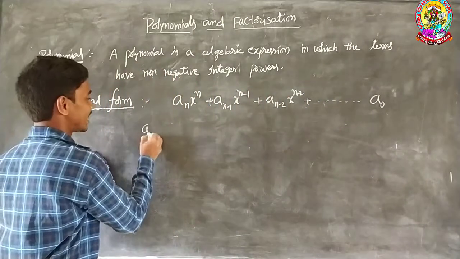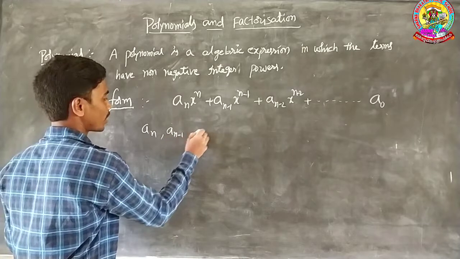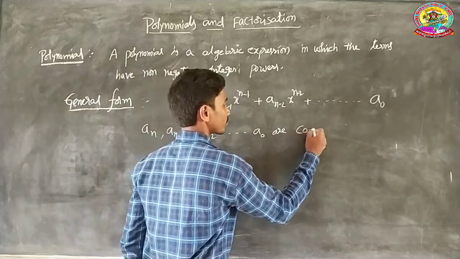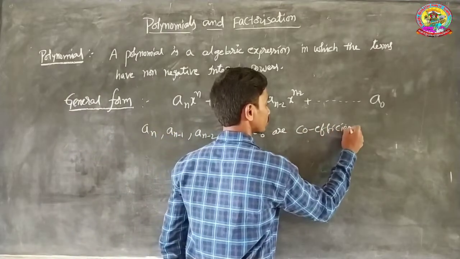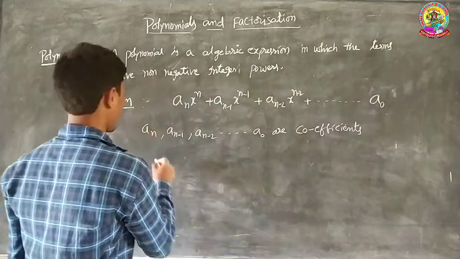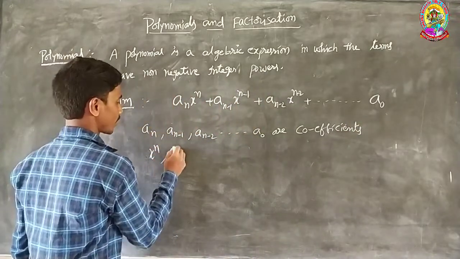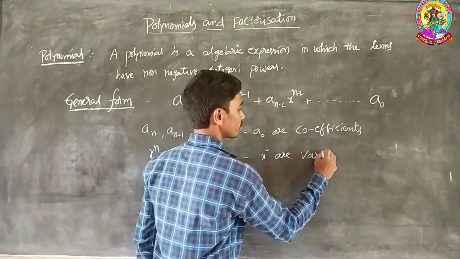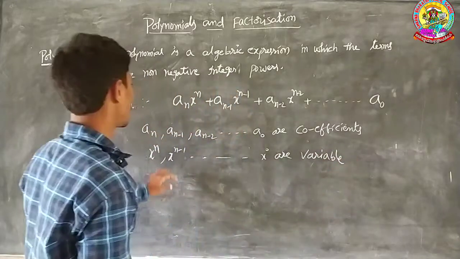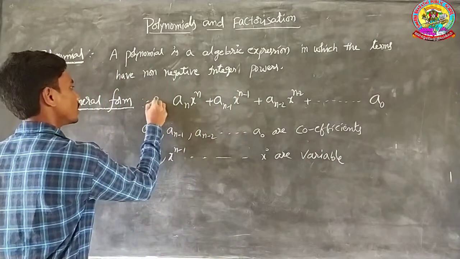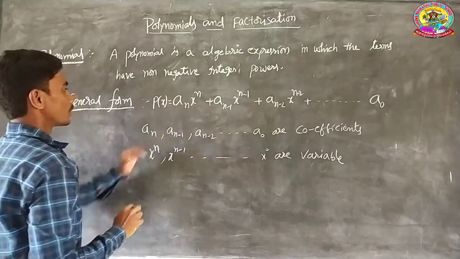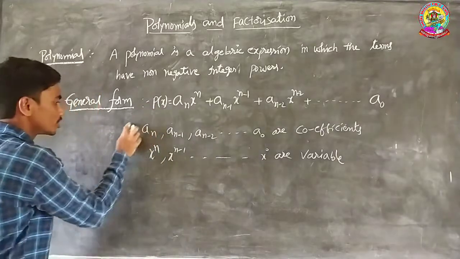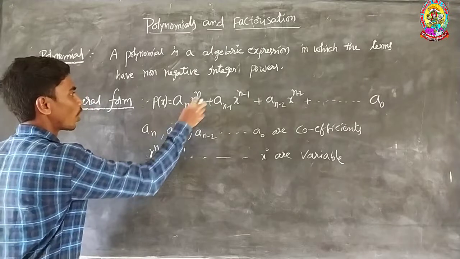Here a n, a n minus 1, a n minus 2 and so on, a naught are coefficients, and the remaining x power n, x power n minus 1 and so on, x power 0 are variables. So this is a polynomial. It is denoted simply with the letter p of x, which is the polynomial with a variable x. This is also called a polynomial of degree n.